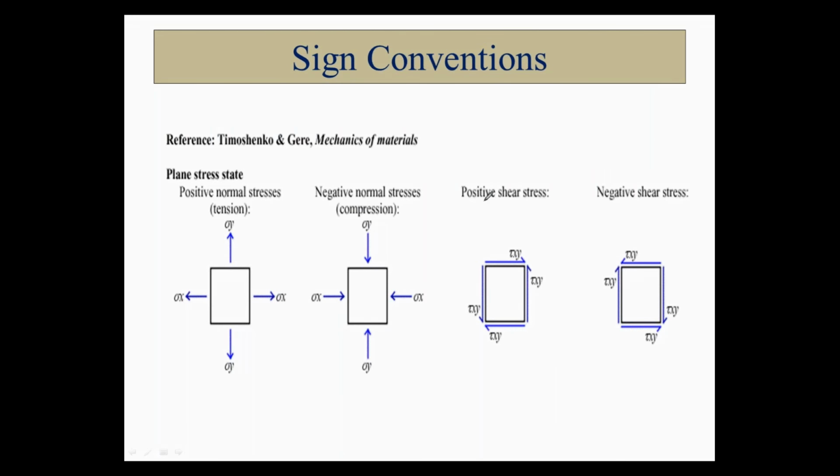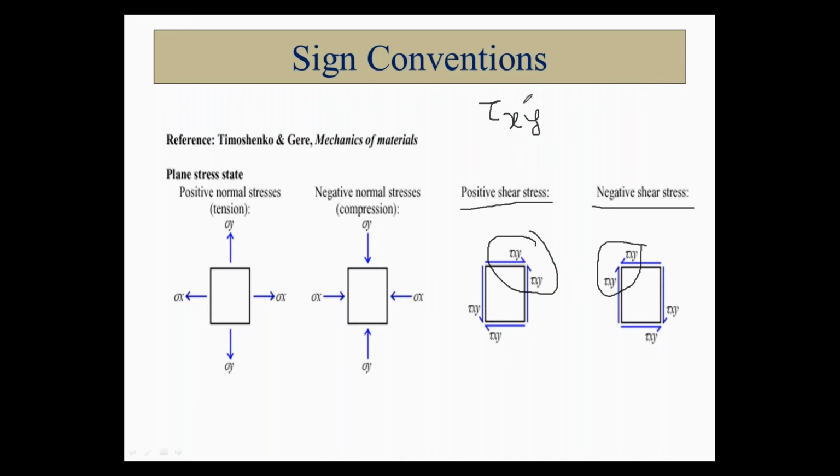These are the sign conventions. Then positive shear stress and negative shear stress will be like this. Observe closely that here we have tau xy.